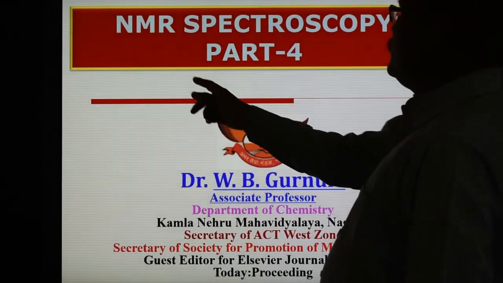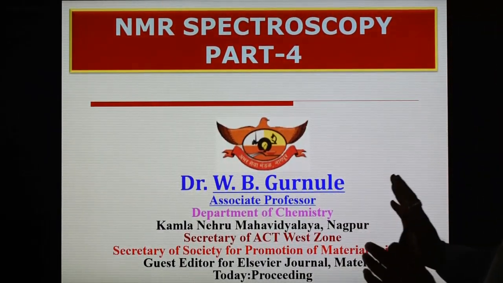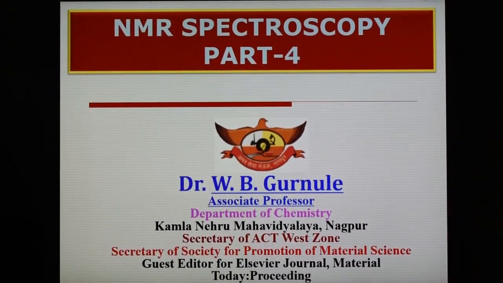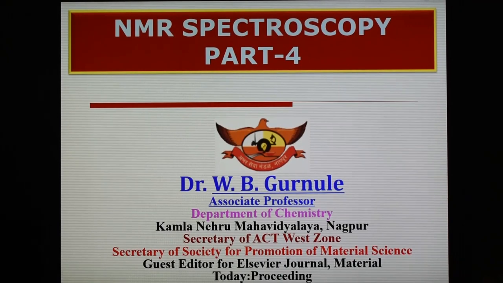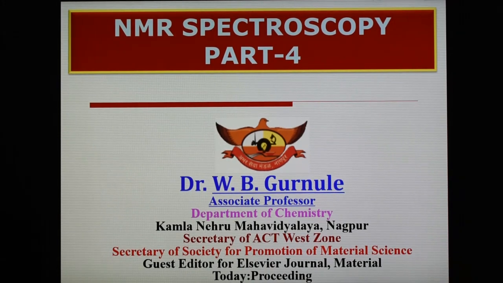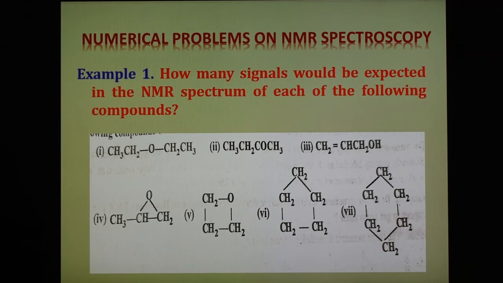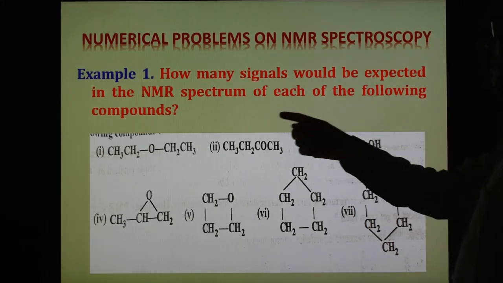So today we are going to discuss some numerical problems, that is NMR spectroscopy part 4, and in this part 4 we are going to see different numerical problems based on this NMR spectra. The first numerical problem, example number 1, is a question that can be asked in the examination: how many signals would be expected in the NMR spectrum of each of the following compounds?